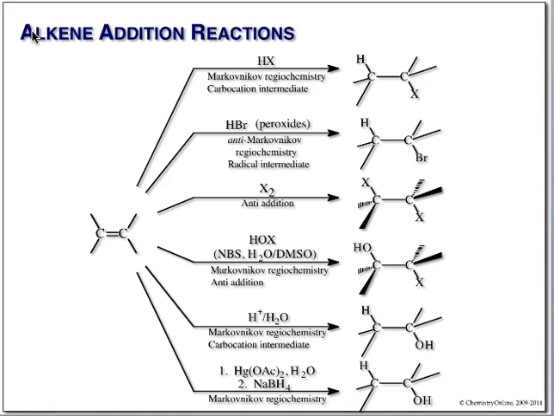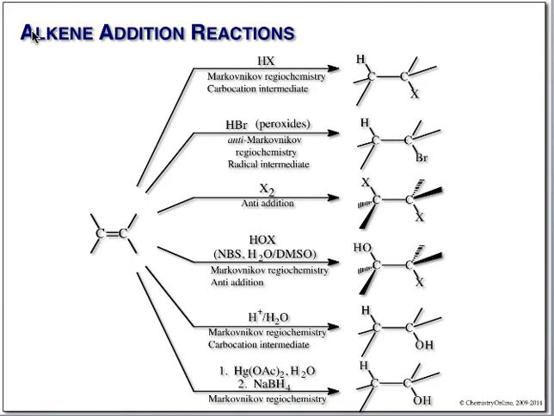Again, we get Markovnikov regiochemistry, carbocation intermediate, and rearrangements. We can do this in a more civilized manner using a mercury salt, mercuric acetate, followed by sodium borohydride. Again, we get Markovnikov, but we don't get rearrangements. Much more civilized.